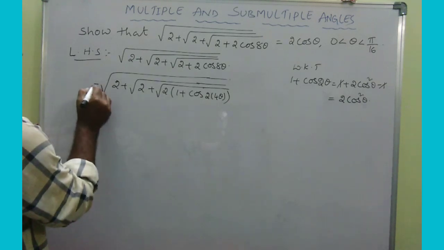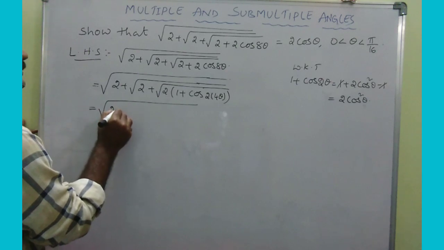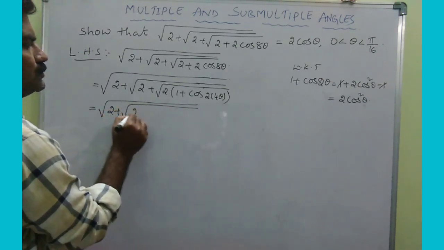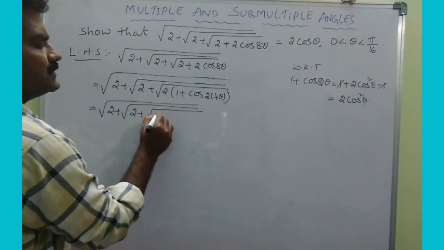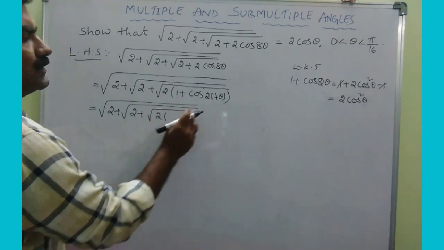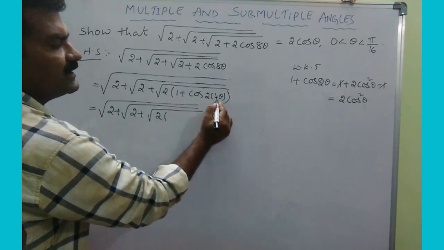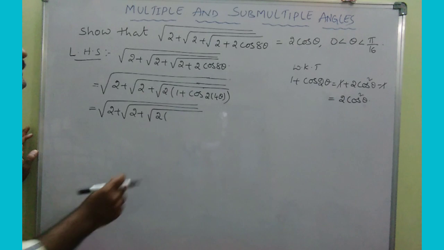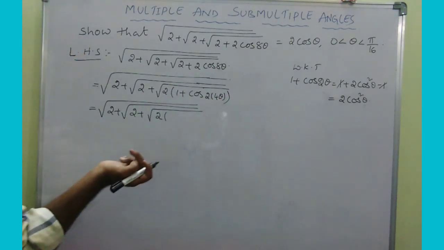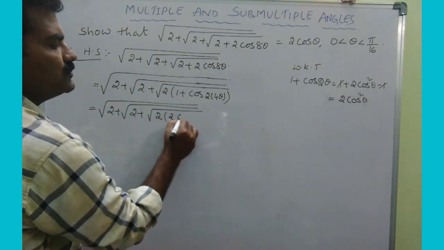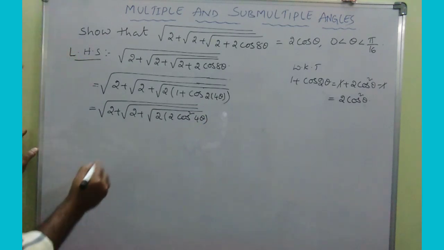So let us see how we can write this: root of 2 plus root of 2 plus root of 2 into, this is just like 1 plus cos 2 theta. Here 4 theta you can compare with theta. Then if it is 1 plus cos 2 theta, the answer is 2 cos square theta. That is 2 cos square 4 theta.